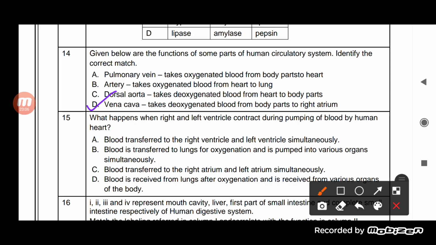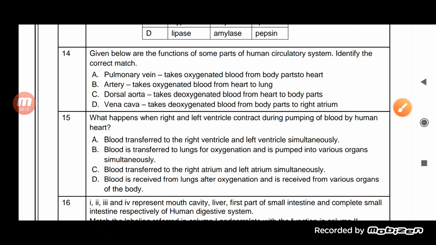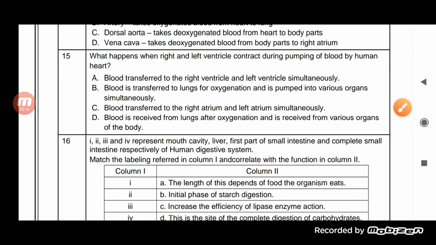Now see question number 15. What happens when the right and left ventricle contract during pumping of blood by the human heart? So see here: blood is transferred to the right ventricle and left ventricle simultaneously. Blood is transferred to the lungs for oxygenation and is pumped into various organs simultaneously.